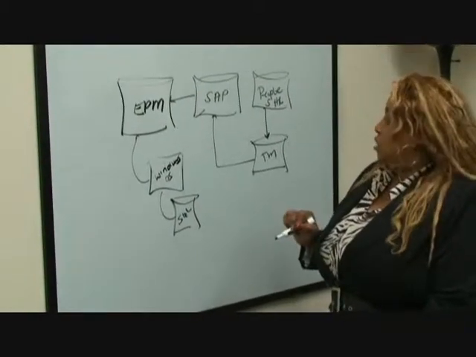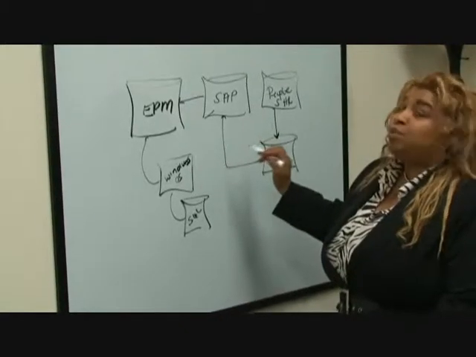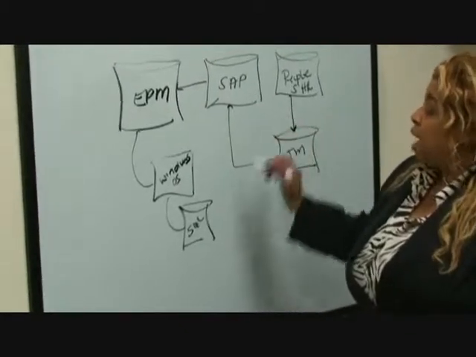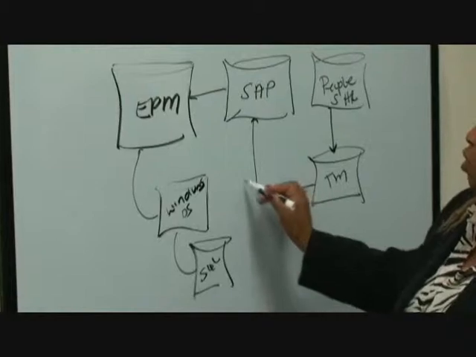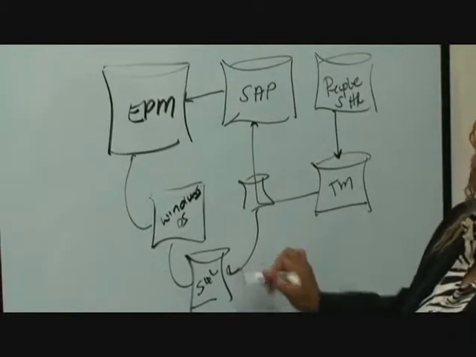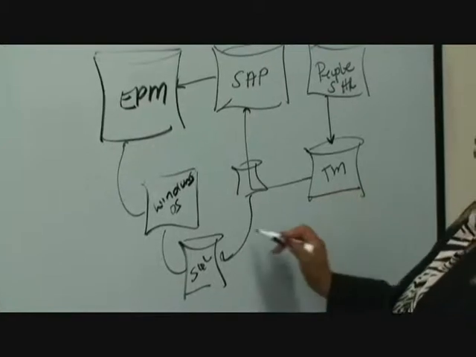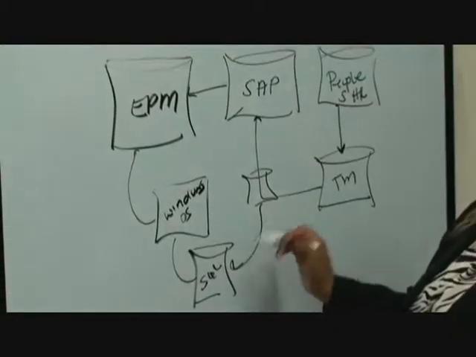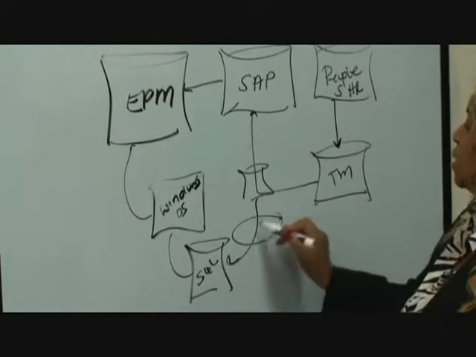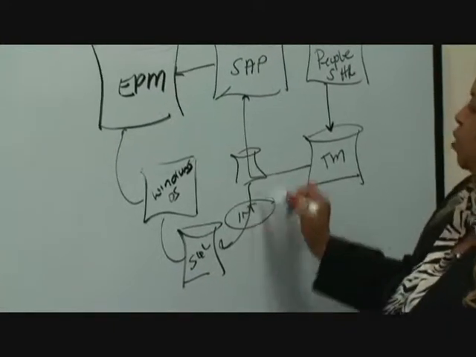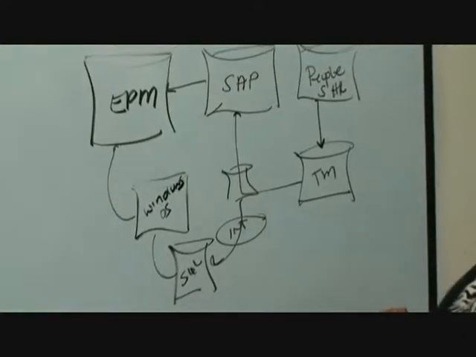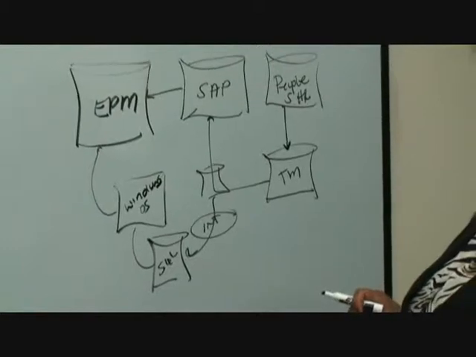So that's an interesting thing. On the SAP side, know that there's a database as well. And that database, if we're really lucky, will talk to this database. So if we can do that, at times there may be an interface that's required. If you don't directly link or develop those two, you may decide to put an interface application between them so that your EPM and your financial system can map to each other.